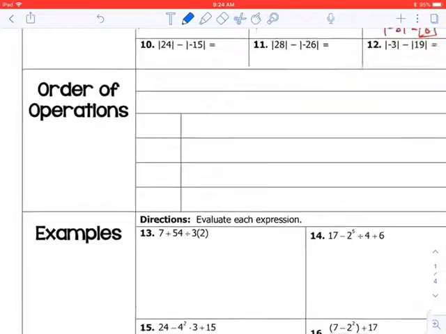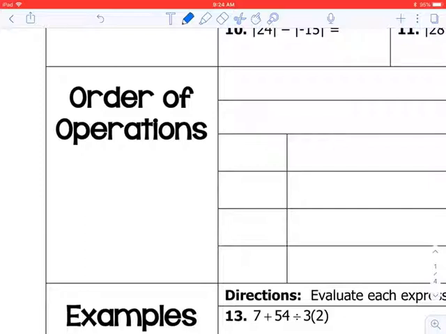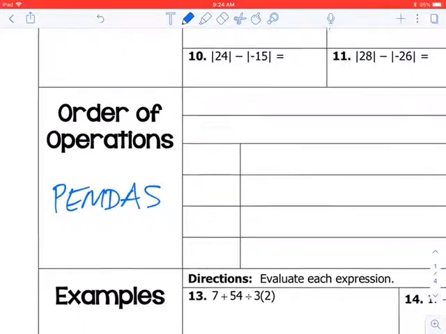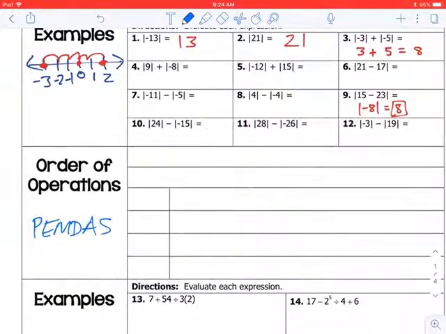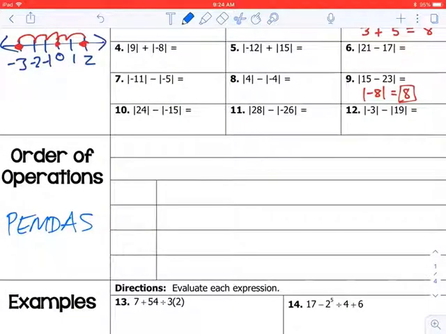Okay, so what we are delving into is order of operations, or in other words, PEMDAS. The order of operations, we use that when we're simplifying an expression.